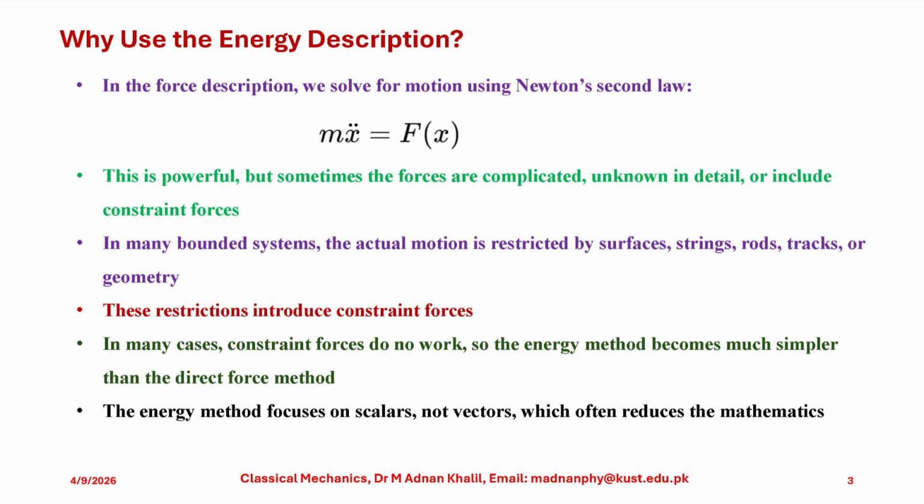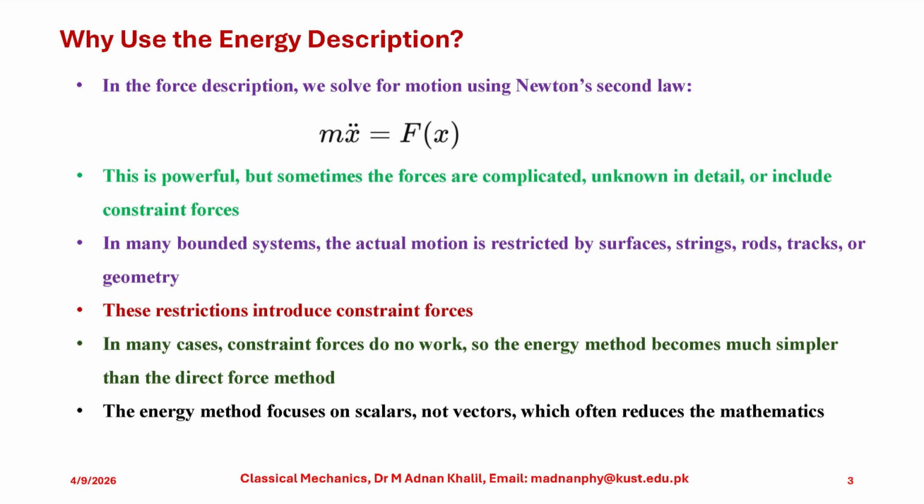How can we define it? A constraint force is simply a force that ensures that the object follows the allowed path or condition of motion. For example, the normal reaction of a surface, the tension in a string, or the force from a rod are all examples of constraint forces.